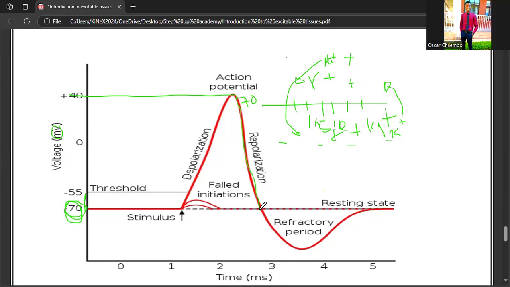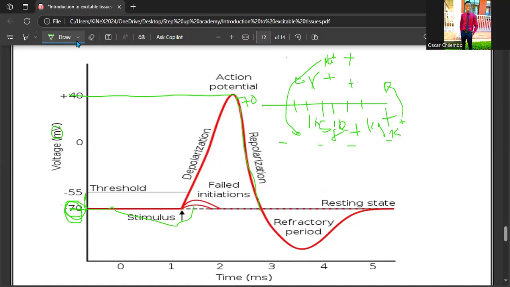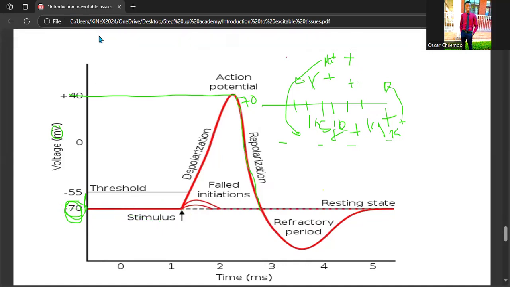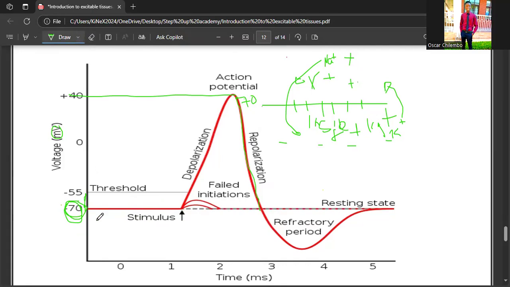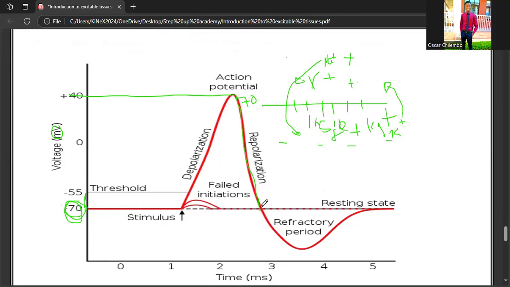But what happens is that the potassium voltage gated channels have a unique feature, and that is it takes time to close. Therefore, before it realizes that it has reached the resting membrane potential, which is negative 70, since they take time to close, they keep on moving more potassium until the cell reaches somewhere about negative 90, because the channels close slowly for potassium voltage gated.